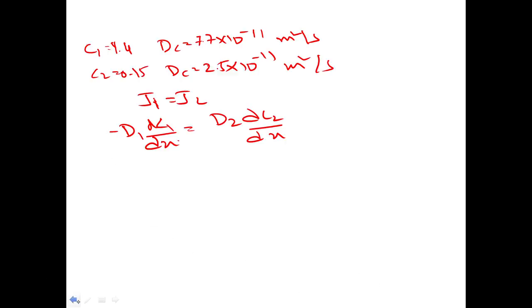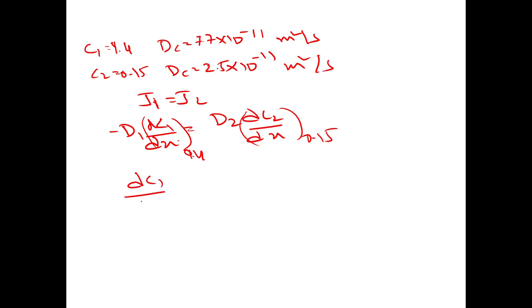We have this towards the 1.4 side, and this towards the 0.15 side. We have both the diffusivity values.